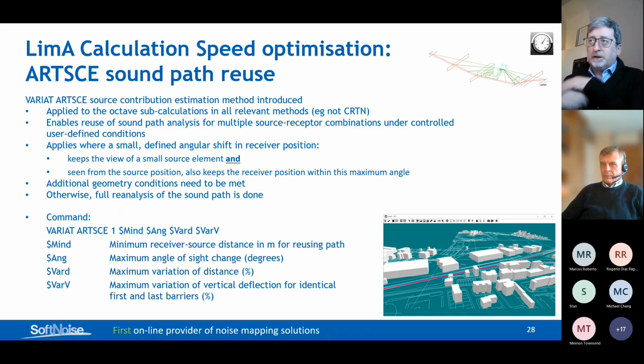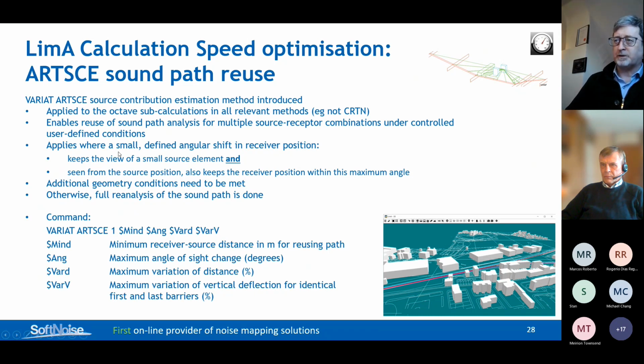Moving on now to the sound path reuse. This is something that is done when you have octave band subcalculation. So that's for most of the methodology, but not for CR10, which is broadband. And it enables the use of sound path analysis for multiple source receiver combinations under control conditions, which you can decide.